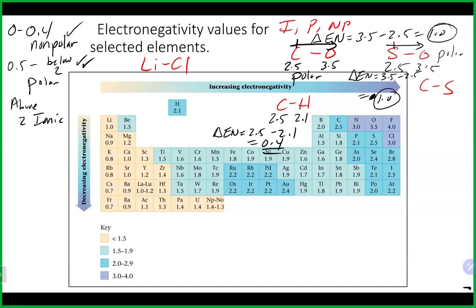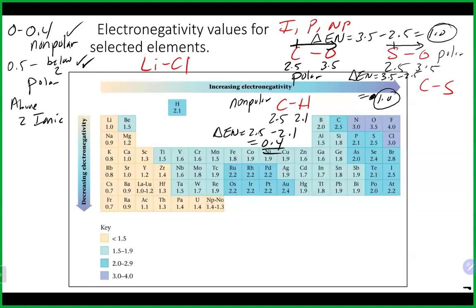So it would be a nonpolar bond in this case. Because it's a nonpolar bond, we do not draw the arrow. The arrow is only for polar bonds, because in a nonpolar bond, they're sharing the electrons equally. You can think of it like a neutral bond. There is no negative side or positive side in that situation. Any questions on that one?